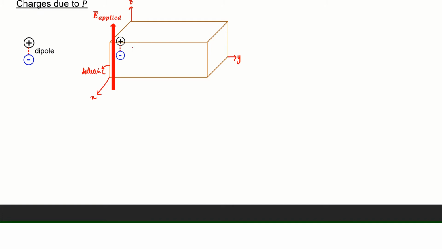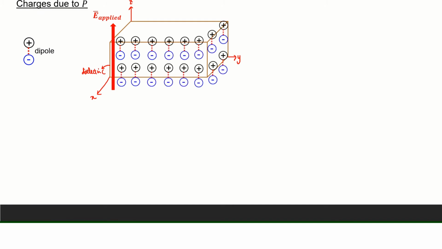Let's assume that all this structure is filled with dipoles. From here we can see that the surface of this upper part of the medium is full of positive charges, and I denote it as rho SB.